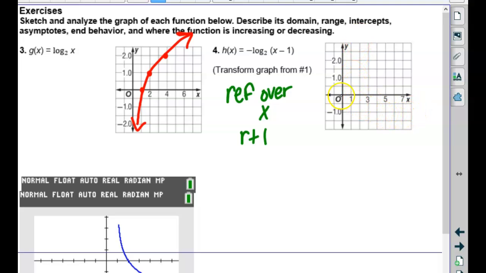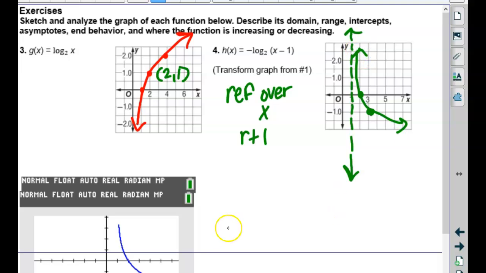The right 1 means our asymptote is now at 1, and our intercept is now at 2. And this point that was at 2, 1 would have gone to -1, and then to the right 1. Yes. Okay. Sorry, my brain took a moment.